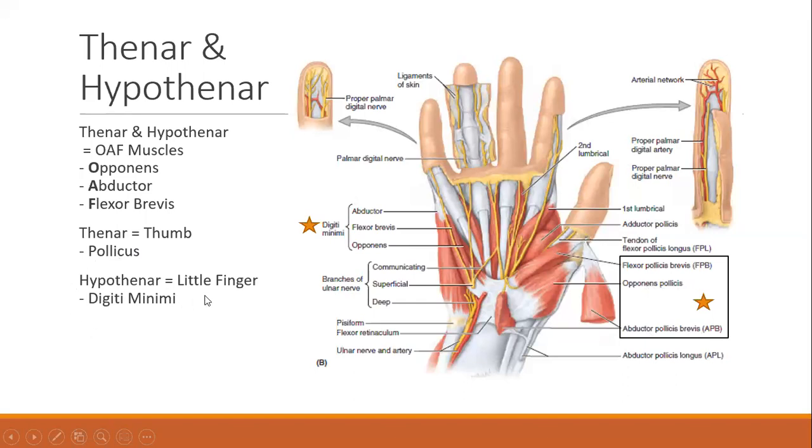Versus for your hypothenar, for your little finger, you'll see digiti minimi. So it's abductor digiti minimi, flexor digiti minimi brevis, or flexor brevis digiti minimi, I forget the order of it. And then opponens digiti minimi. But it's still OAF. It's still opponens, abductor, flexor brevis. It's just for your little finger. So thenar eminence, median nerve, hypothenar eminence, ulnar nerve.